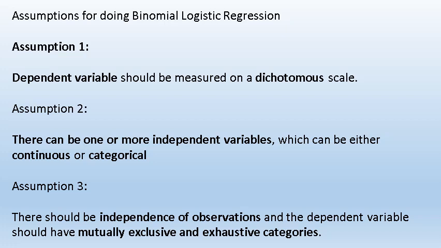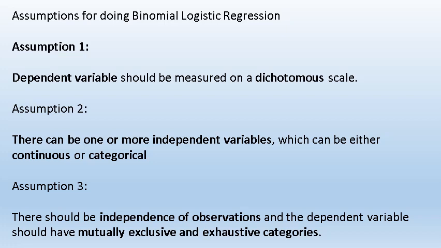There are some assumptions for doing binomial logistic regression. First assumption is the dependent variable should be measured on a dichotomous scale. It should be nominal, dichotomous. Only two categories should be there for the dependent variable. Assumption 2.